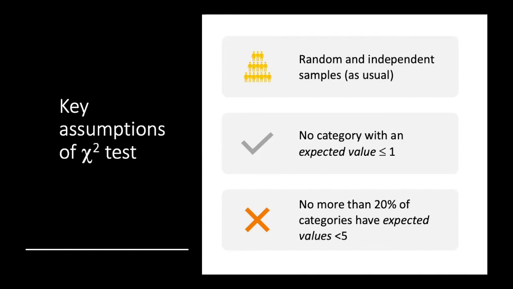With respect to the chi-squared test, this test assumes that no category has an expected value of less than 1, and that no more than 20% of the categories have expected values less than 5. If either of these latter two assumptions aren't met, one way to solve this problem is to lump together categories that make some logical sense to lump together in order to test your hypothesis.